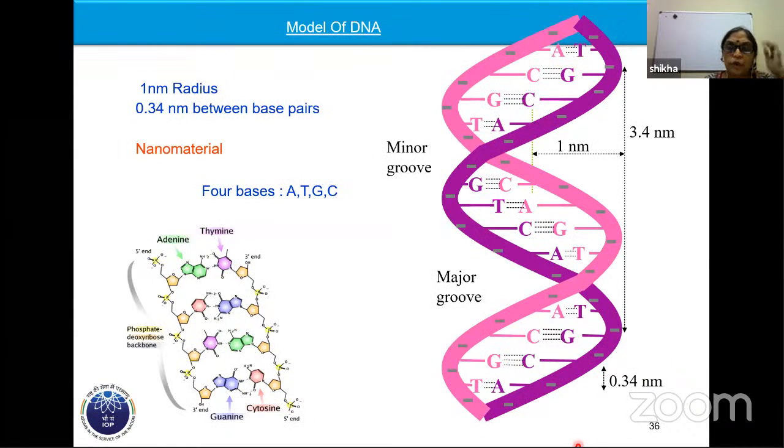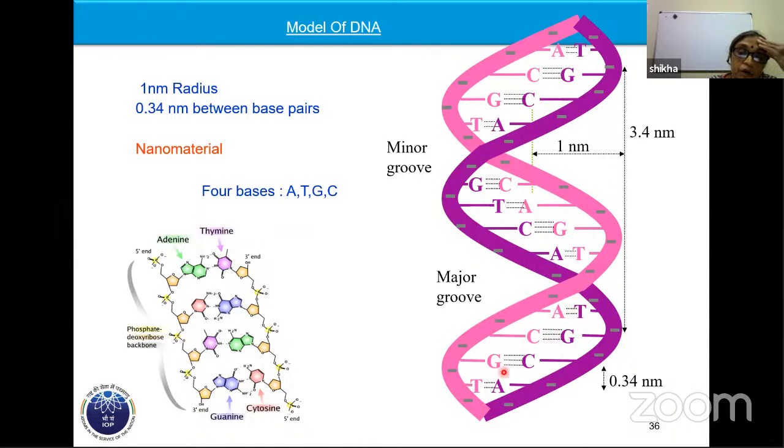So what does this model of DNA mean? What is important is that it has a backbone, which is negatively charged. It is the phosphate backbone. And then there are bases in between. There are 4 bases in between, A, T, G, C in the DNA. A combines with T and G always combines with C with hydrogen bonds.